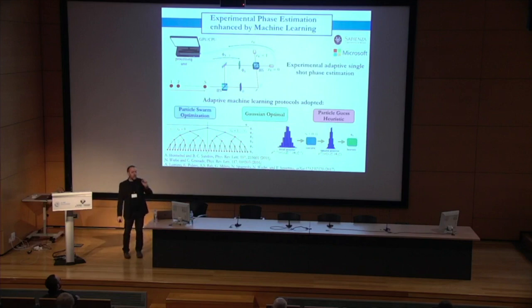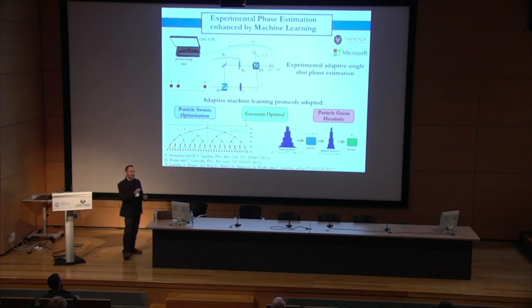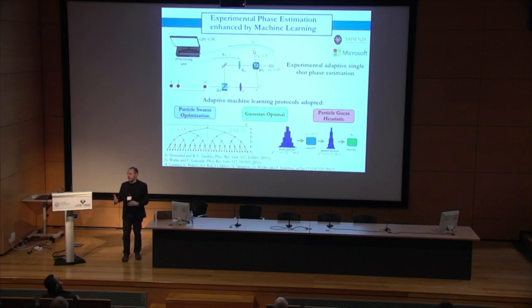We want to only send 20, 30 probes, and we would like to maximize the information that we can retrieve on a phase only by using 20, 30 measurements. And we want, in this regime, to try to saturate the information that we are able to extract from a system.